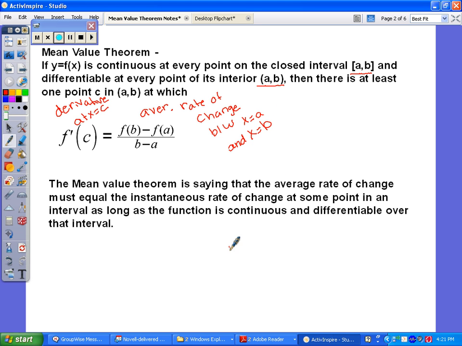So what the mean value theorem is saying is that the average rate of change must equal the instantaneous rate of change at some point on the interval, as long as the function is continuous over the closed interval and differentiable over that open interval. Graphically, f prime of c is the slope of the tangent line.